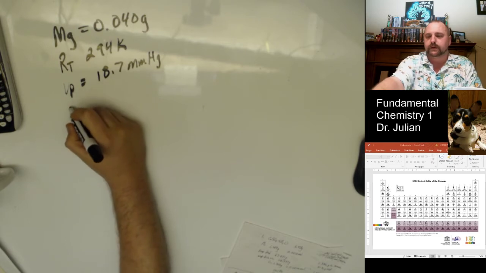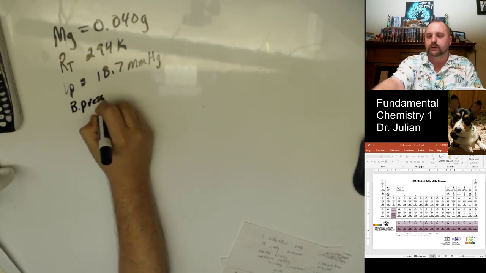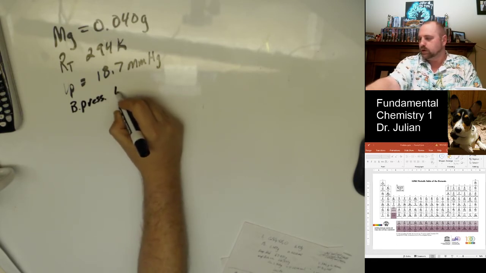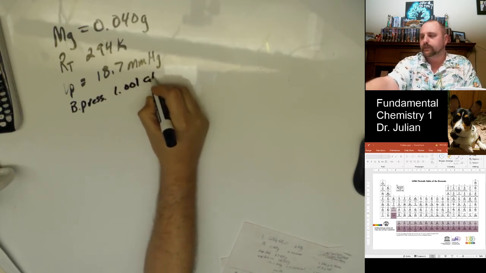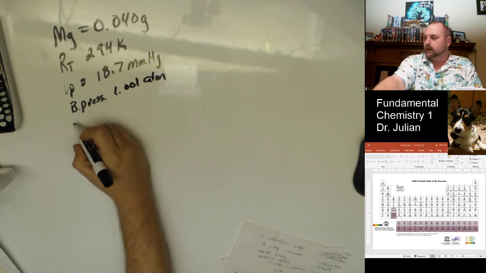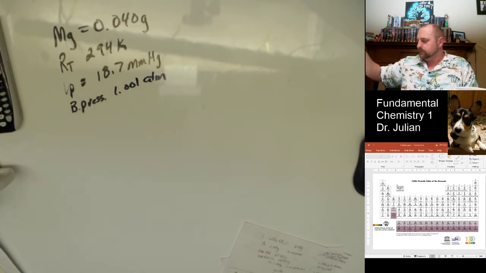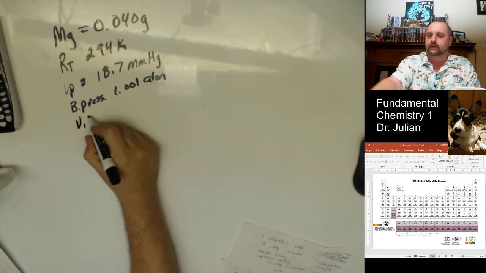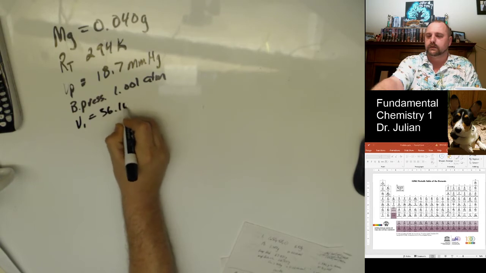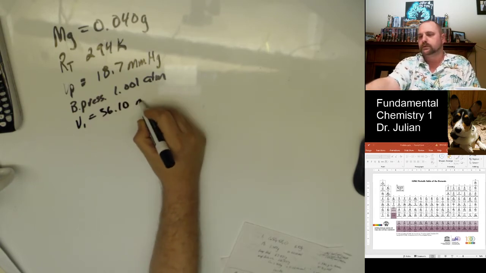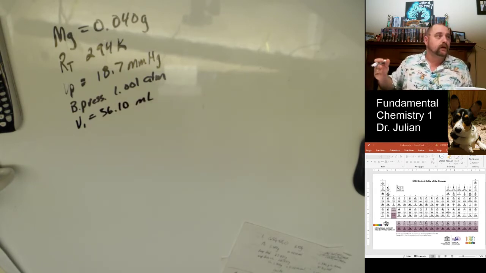Barometric pressure was 1.001 atmospheres, and they said V1 was 36.10 milliliters.